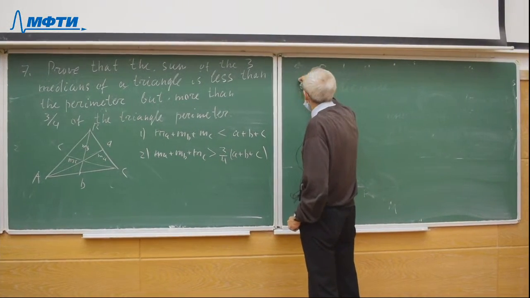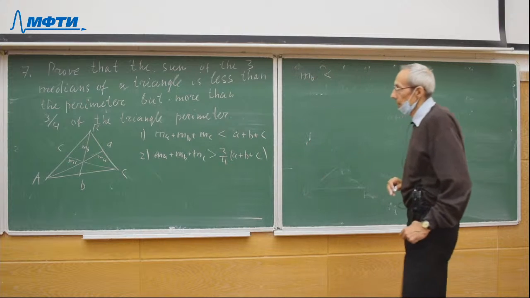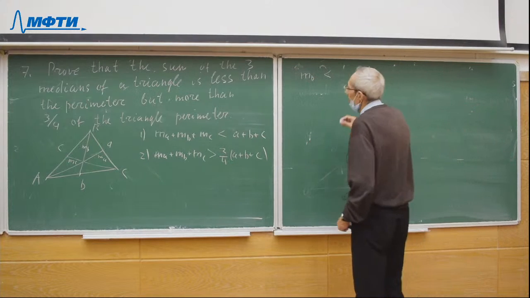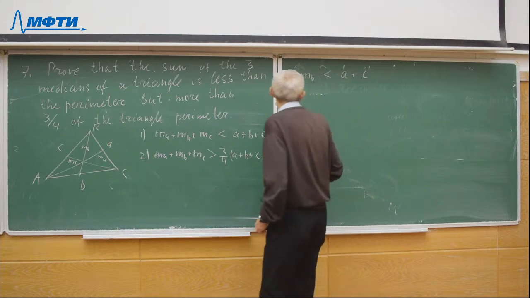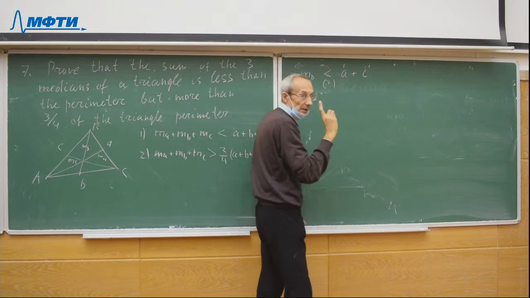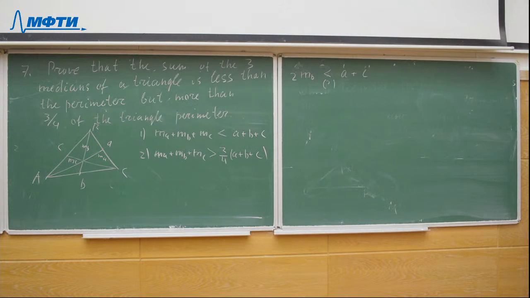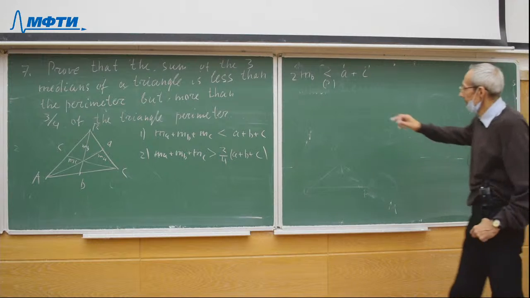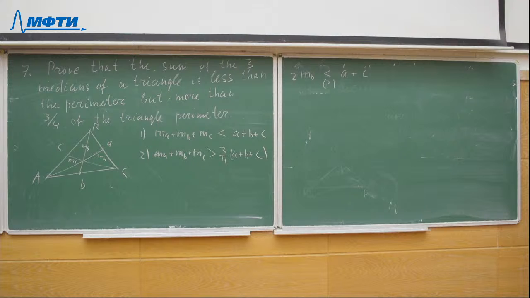Maybe a lemma. I assert that the sum of two lengths, the median MB doubled, is less than the sum A plus C. This assertion, try to prove this.